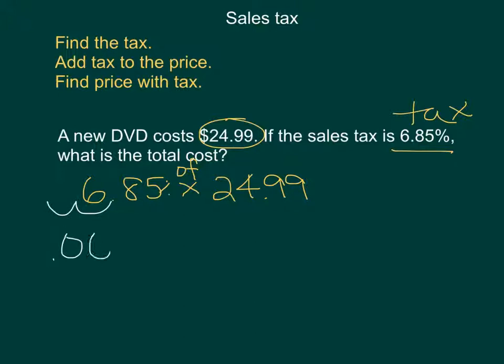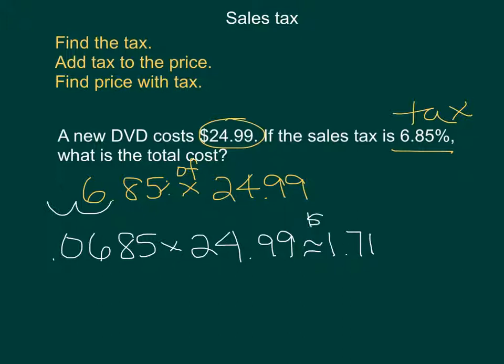So we have 0.0685 times 24.99. You always want to make sure that you turn the percent into a decimal so that you can get your accurate answer. And for this, we get approximately 1.71. So that tells us that the tax that you're going to be paying is $1.71.